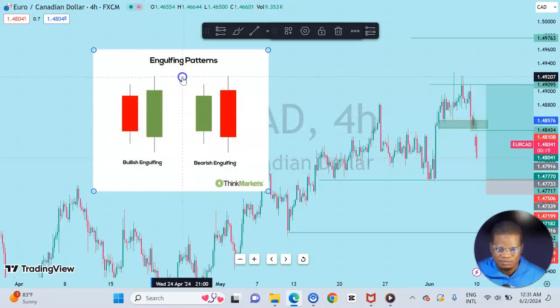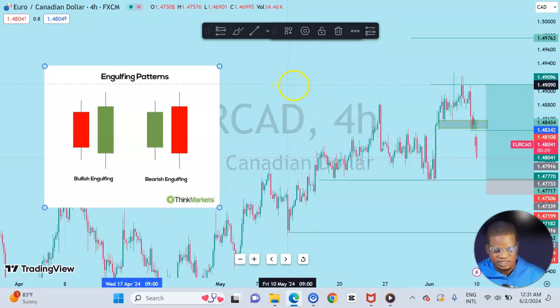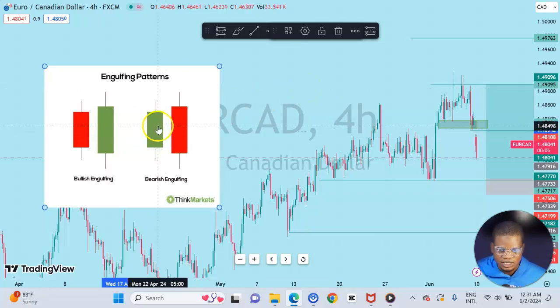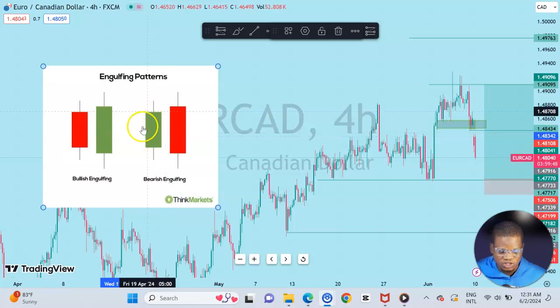The bearish engulfing pattern is pretty much the opposite of the bullish engulfing pattern, which means the market is maybe in a bullish movement, and it gets to a stage whereby it hits a resistance level or area of supply, and at that point, it means that the bulls are getting tired and they are unable to continue with the movement.